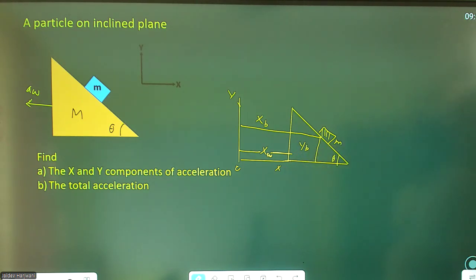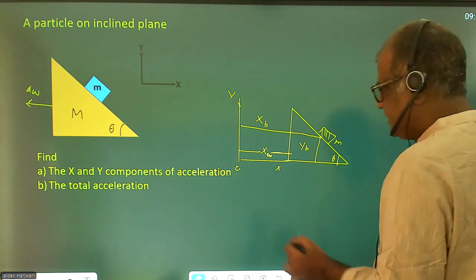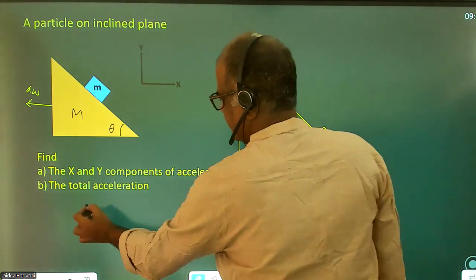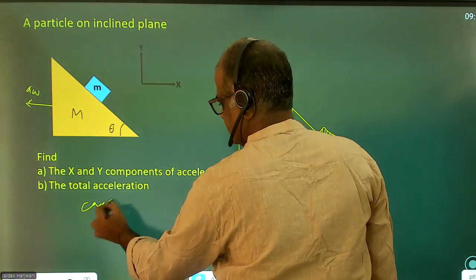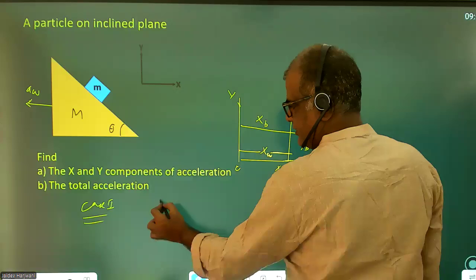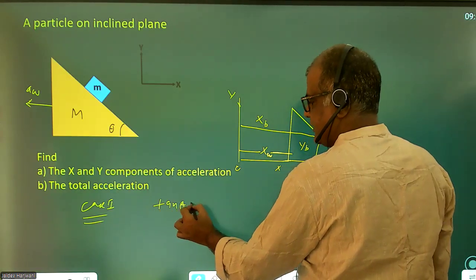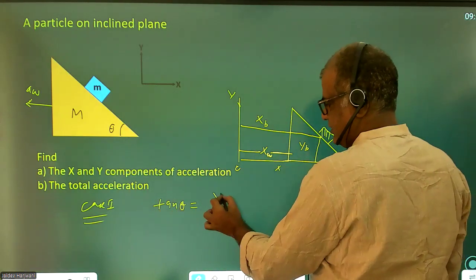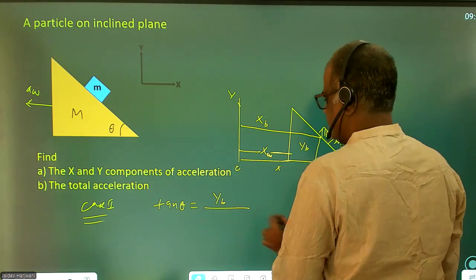So again, like in the previous case, this is case number 2. If I write the equation of tan theta, tan theta gives me the y component of the block.